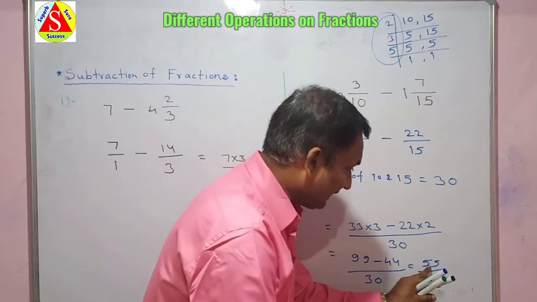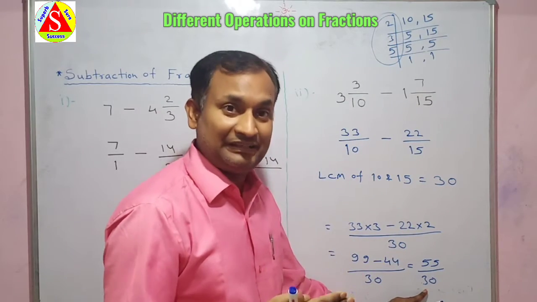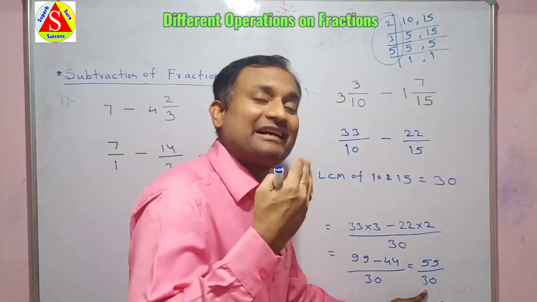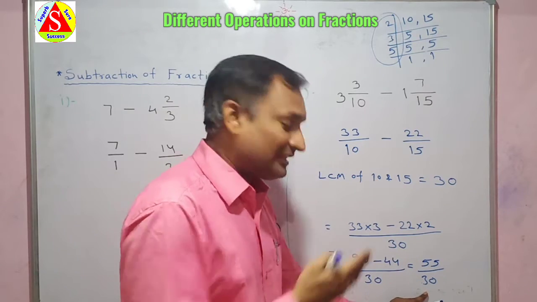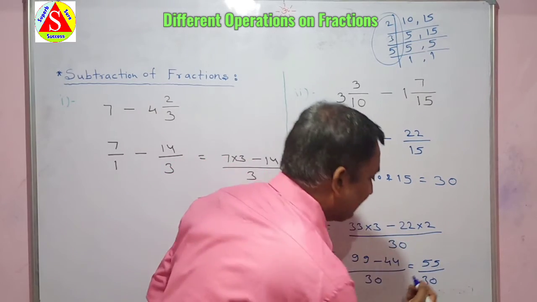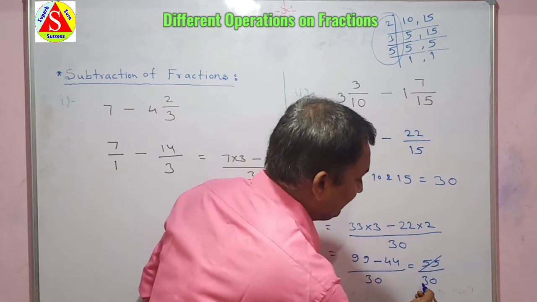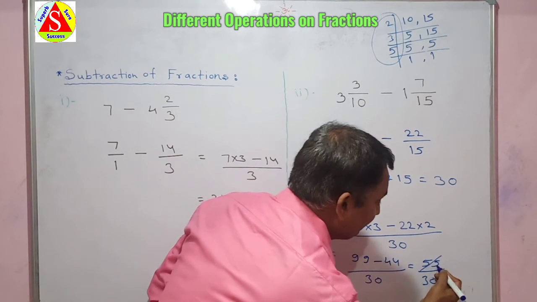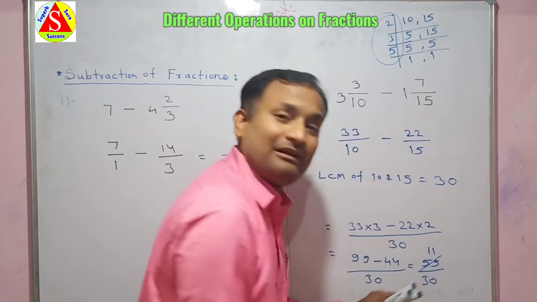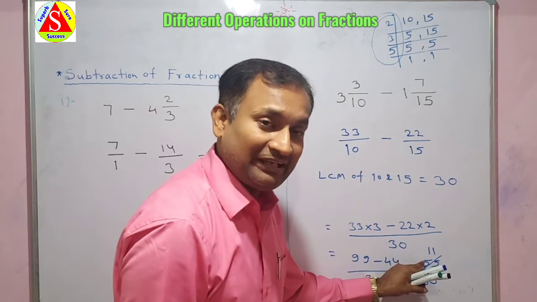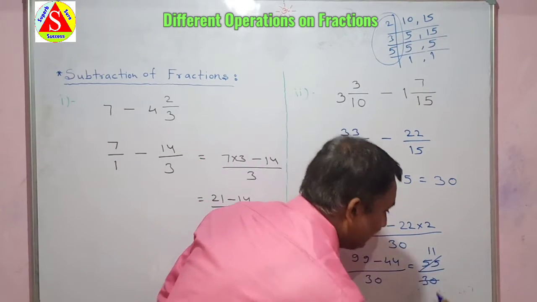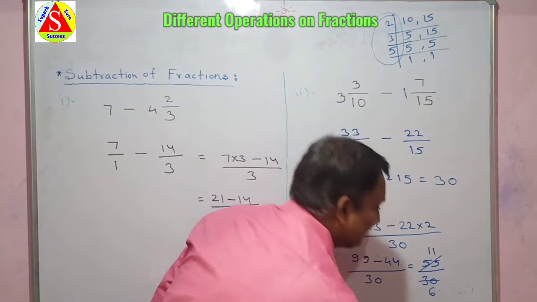Dear students, here we have 55 upon 30. Okay, so we can simplify it again. It means we can cut it by a common factor, that is 5. So when we cut it, the numerator 55 gives 11, 11 5s are 55. Similarly here 5 6s are 30.